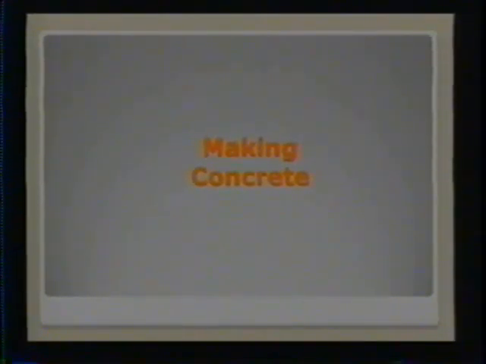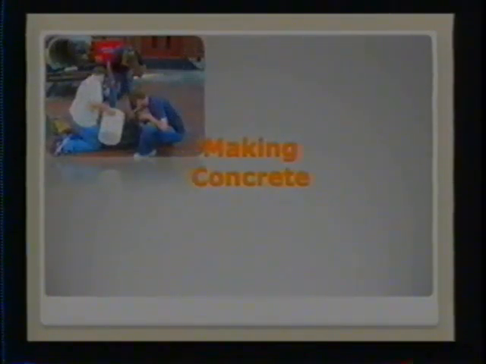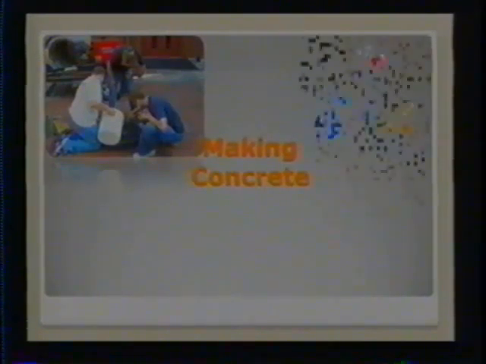Now we go into something called concrete design. Concrete is a mix of Portland cement, water, soft and hard aggregates, and some chemical admixtures, and these lend strength to the mixture, and it becomes concrete, which is used as a structural component.